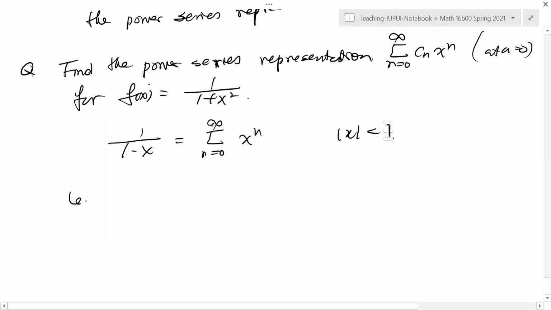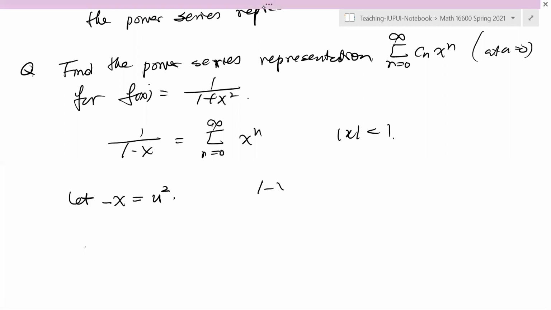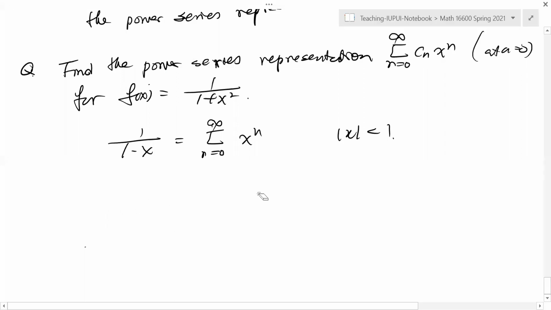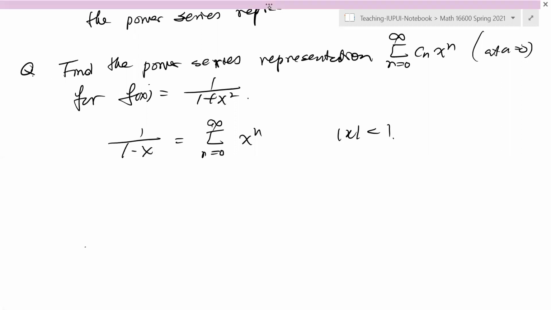So I can let x be negative x squared, for example, in the above identity. Okay, this is a fact we know.